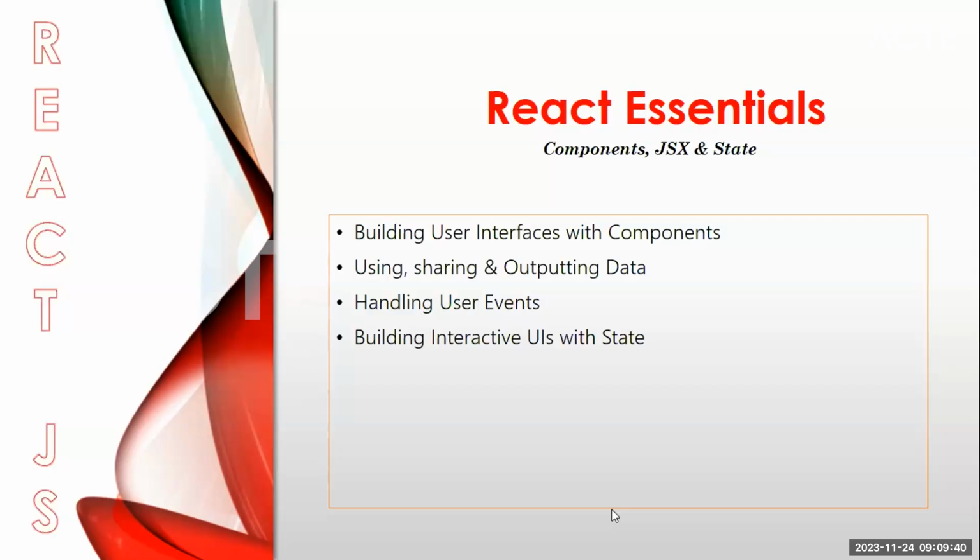Handling user events: whenever users click on any button, or they provide any different events, it can be handled by React. Building interactive UI with state. So this is the concept that is called state in React, which we will learn in the coming sessions. That is very important, and it is responsible for generating the UIs dynamically.